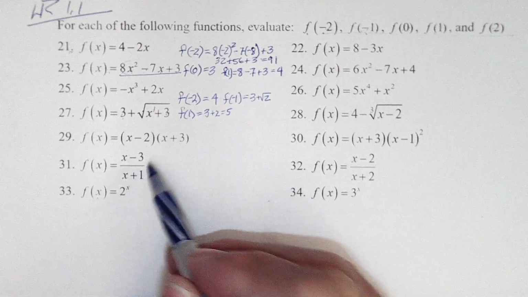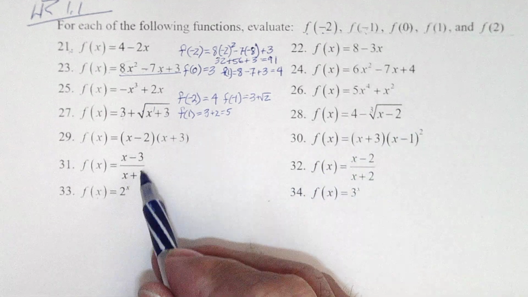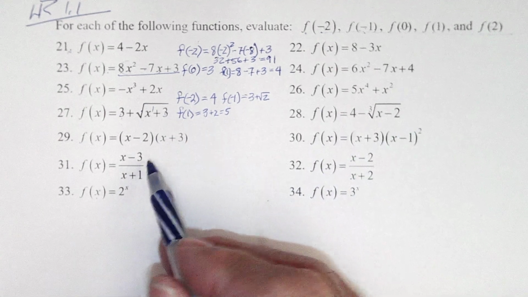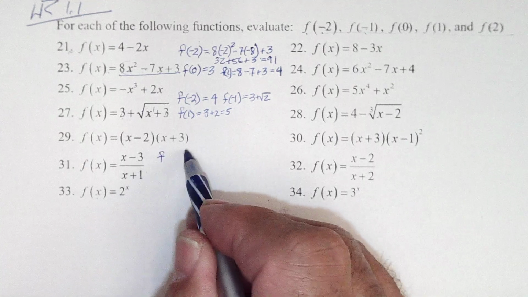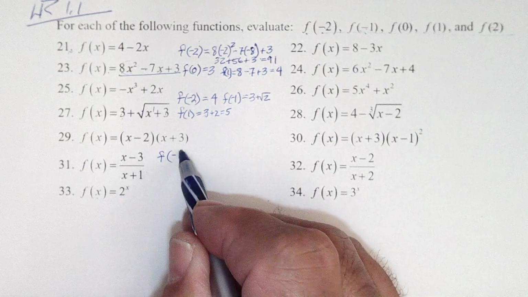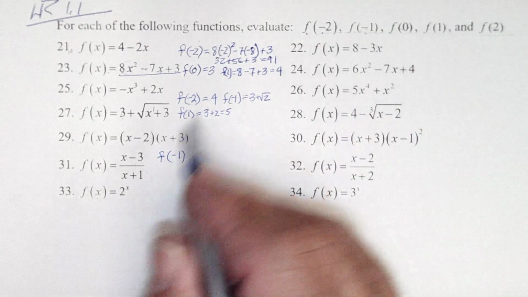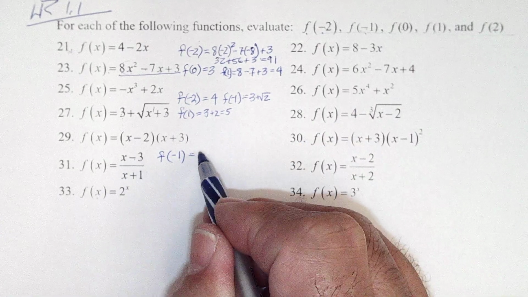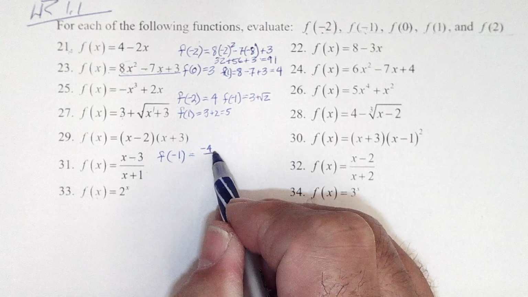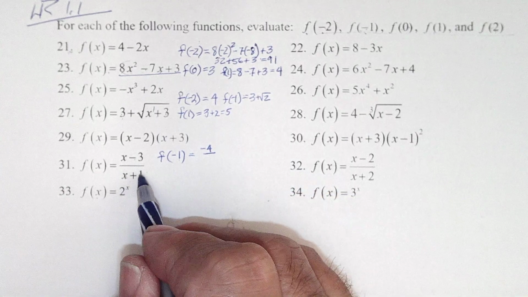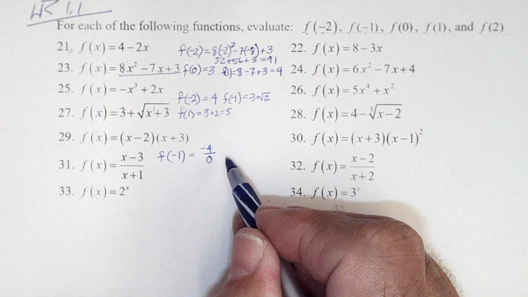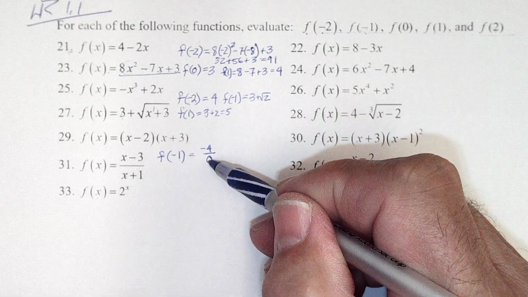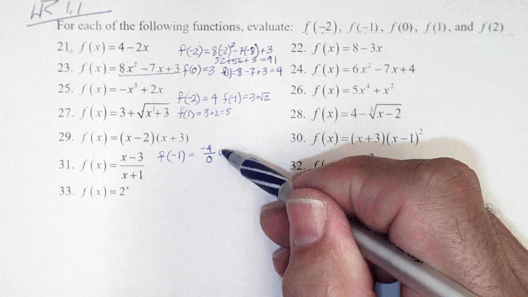31. 31 is a little bit interesting. Let's do f of negative 1. I'm just doing one of the 5 numbers you're supposed to do. So that'd be minus 1 minus 3 minus 4, and minus 1 plus 1 is 0. So if it's 4 divided by 0, that's undefined.